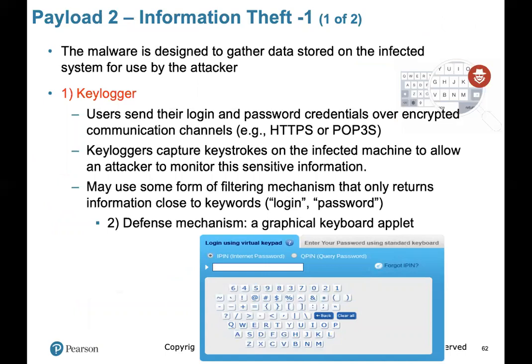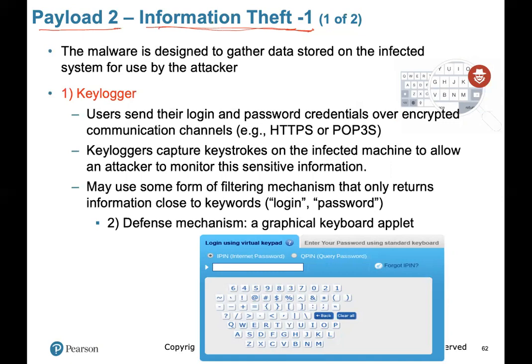Okay, the second payload that we are going to talk about is information theft. I'm going to talk about two different things that they do for information theft, and that's why I named this slide like this. Payload number 2 is information theft, but I have another slide that also talks about information theft, so I called that one information theft too.